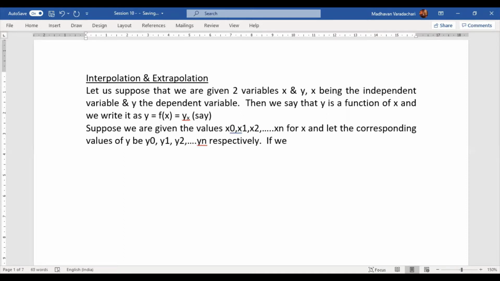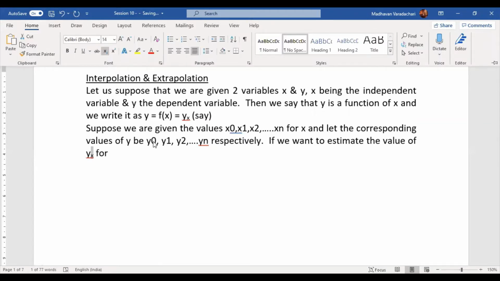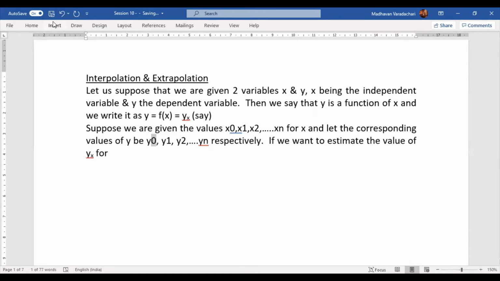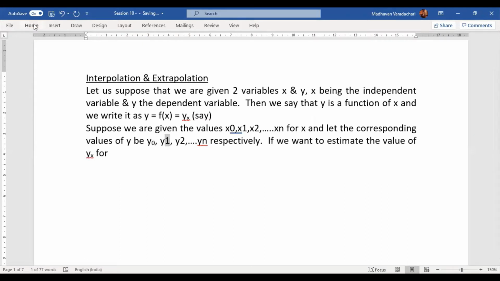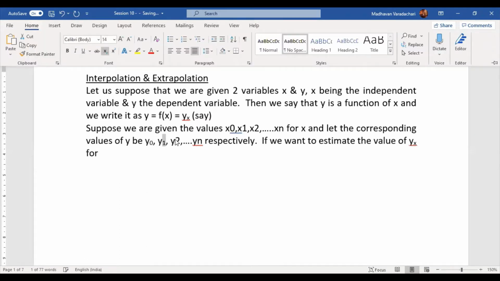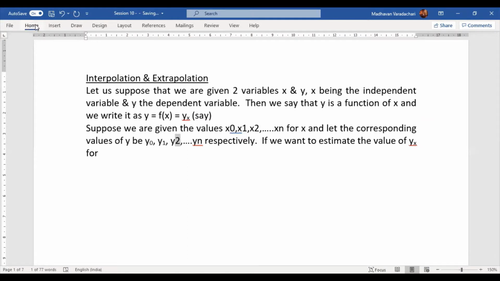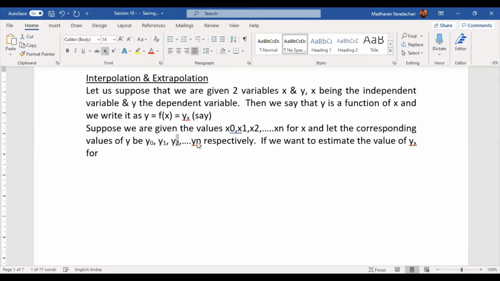If we want to estimate the value of y suffix x, actually, all these things will be suffix. Y naught, y1, this is y suffix 2, y suffix n.